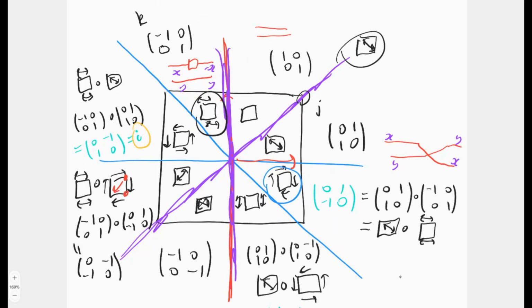So that's why we can write this rotation here as this diagonal flip after this left-right flip. Now, in terms of matrices, here's the matrix for the diagonal flip, and here's the matrix for the left-right flip. But now we want to write this in terms of wiring diagrams. So in terms of matrices, it's this matrix after this matrix. But remember, we build our diagrams the other way around.